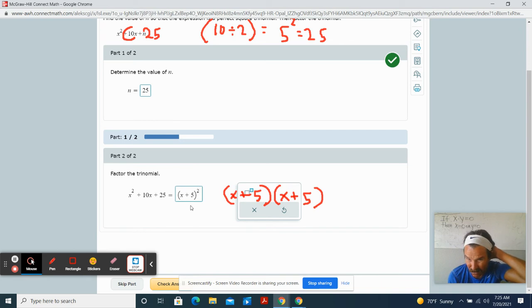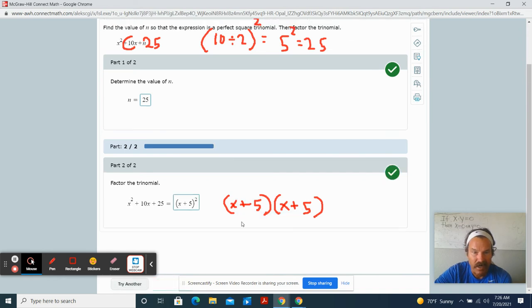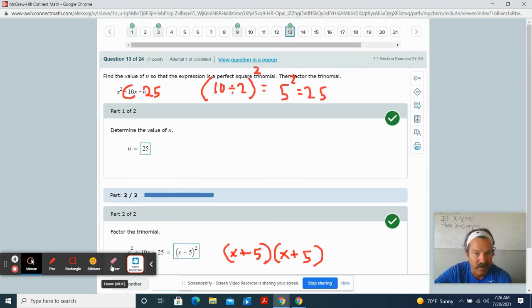And even though you could write it as x plus 5 and x plus 5 again, it's easier when we get to the method of completing the square to write it as a square. Okay, so I'm going to check my answer here. Should be a green check mark, and then clear my screen.